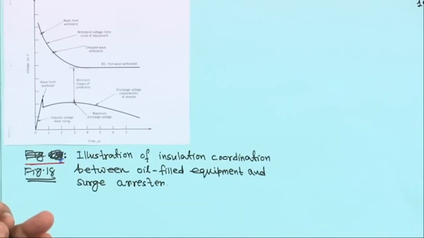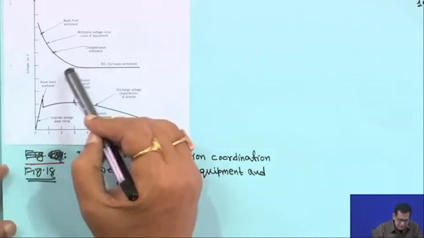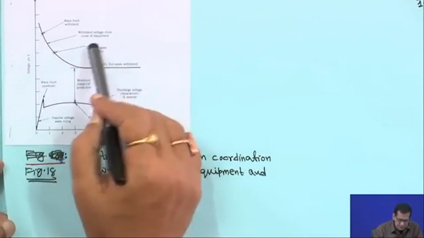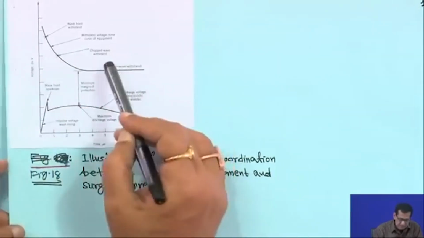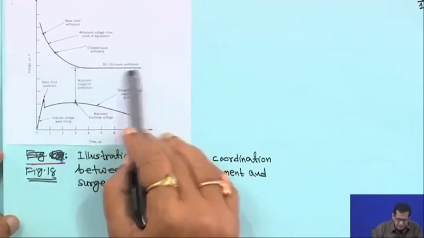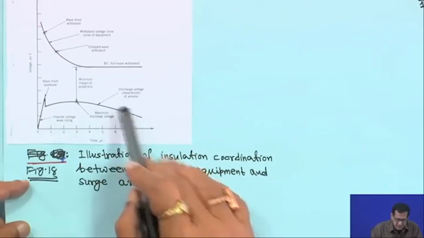In this case, if you look into this, this is the wavefront withstand voltage, right. Next is the withstand voltage time curve of the equipment, then this one is the chopped wave withstand and this is the BIL, the full wave withstand, and this curve is the discharge voltage characteristic of the arrestor, right.